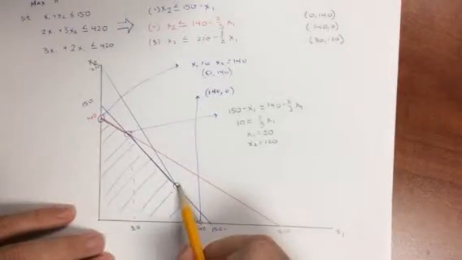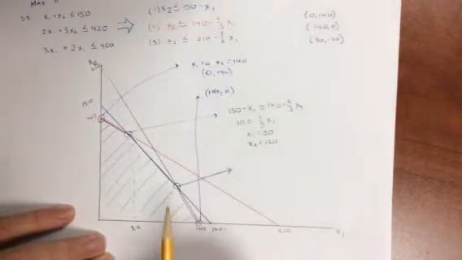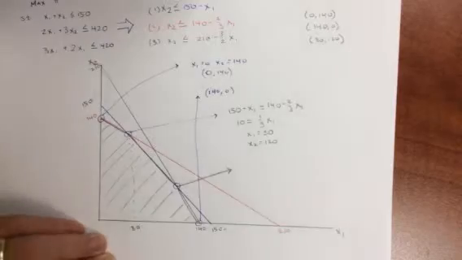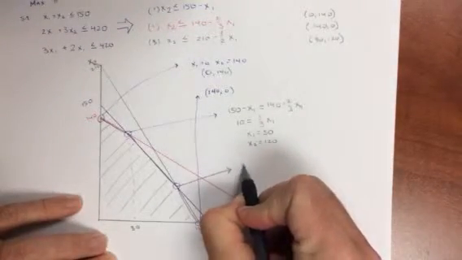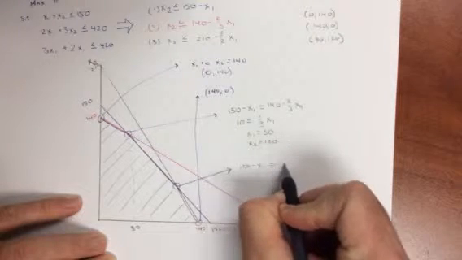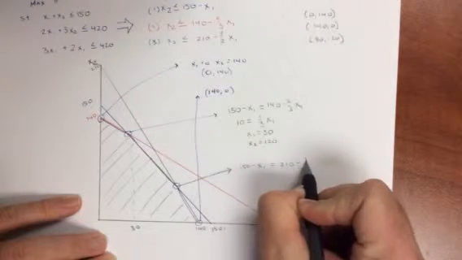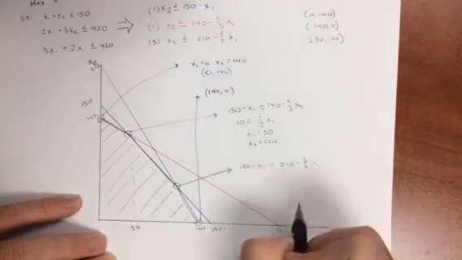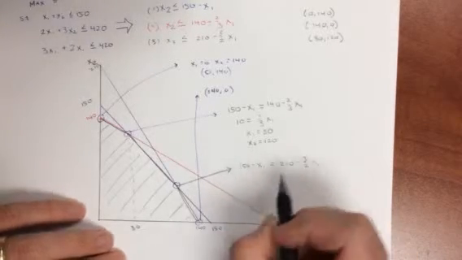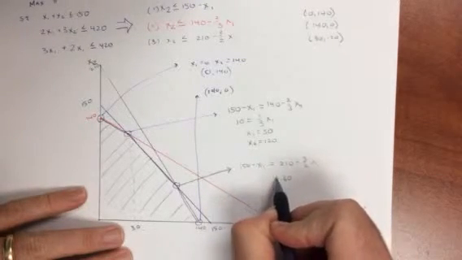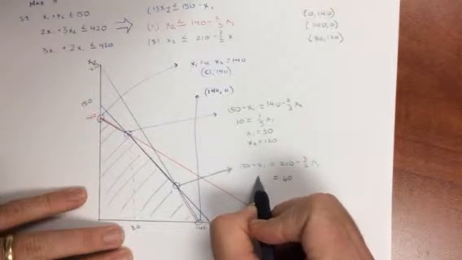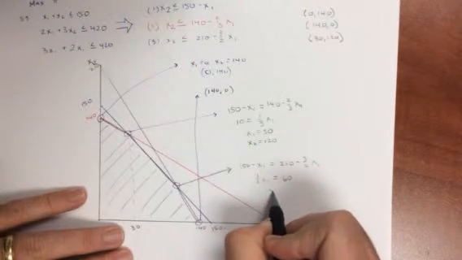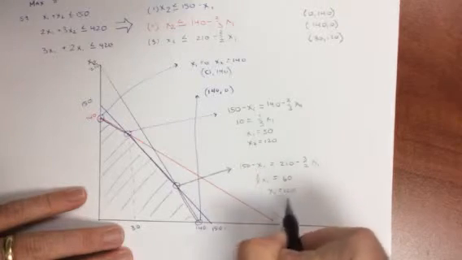Now the last possible solution is this one right here. That's where the black line equals the blue line. So the blue line is 150 minus x1. The black line is 210 minus 3/2 x1. So I subtract off 150 to this side, so I get 60 is equal to, add 3/2, so I get 1/2 x1. x1 is 120.